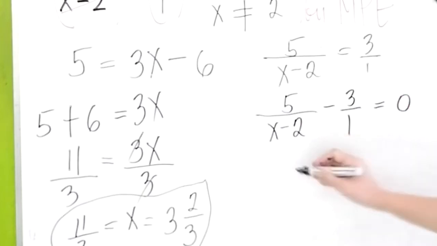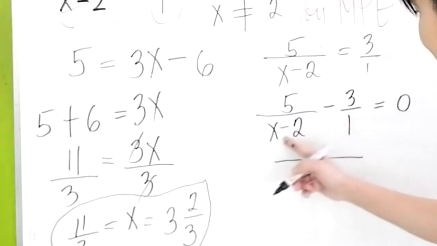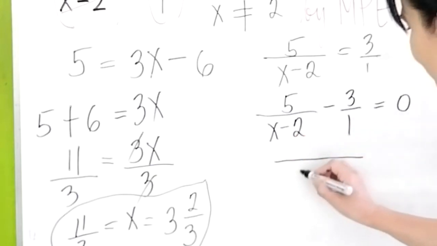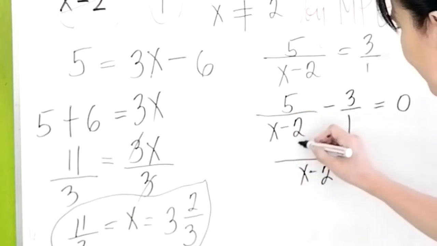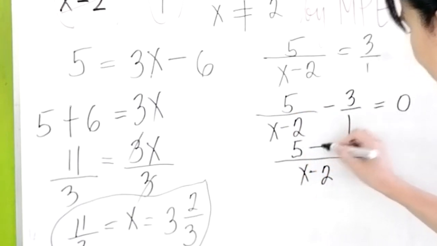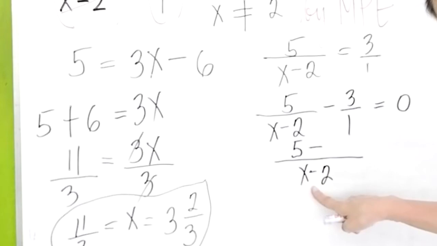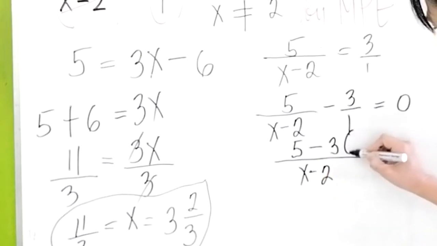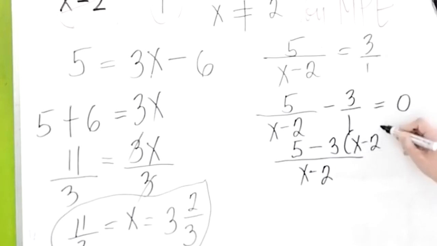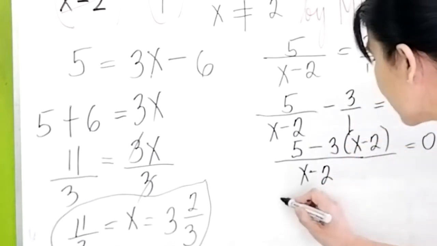Now, make the denominators the same. x minus 2 divided by x minus 2 is 1 times 5 is 5. Minus x minus 2 divided by 1 is x minus 2 times the numerator 3. Let me repeat that. x minus 2 divided by 1 is x minus 2 times 3. And then simplify this.